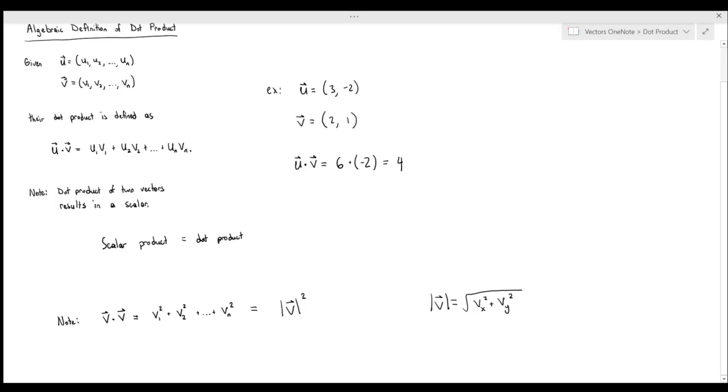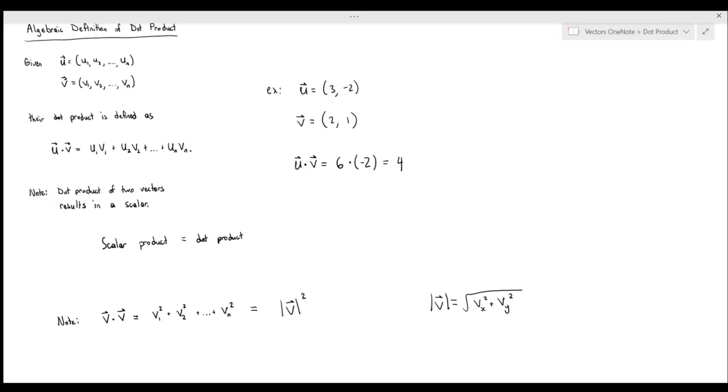I did it for 2, and I talked about 3 dimensions as well. So you can generalize that to any number of dimensions. Looking at when you do a dot product with the vector in itself, aside from the square root, it's the same as its length, so it's the length squared, all right? So here we see a sort of connection between dot product and the length of a vector.